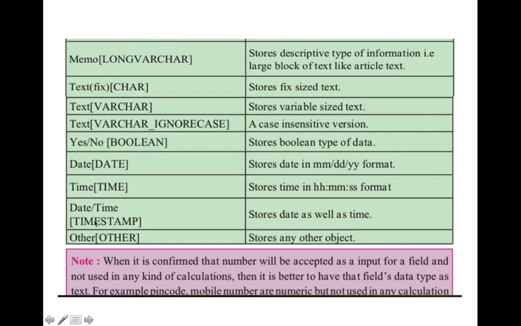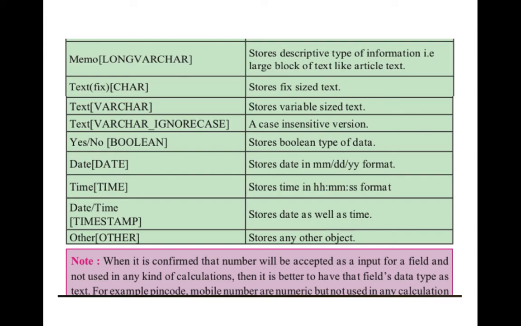And there is an other data type. This other data type saves some Java object code. The next instruction given in the notes section is about fields that we are not going to use in calculations. Let's say I'm entering a roll number.